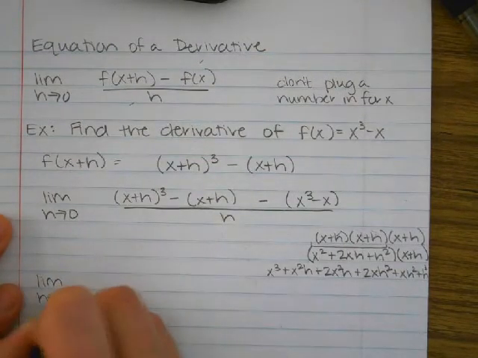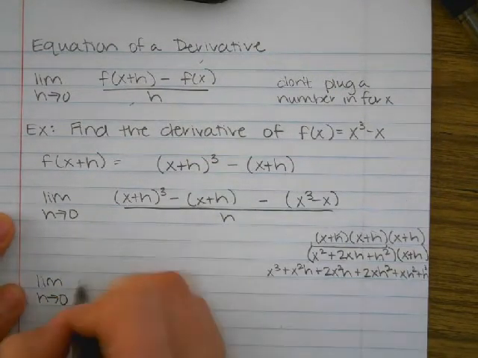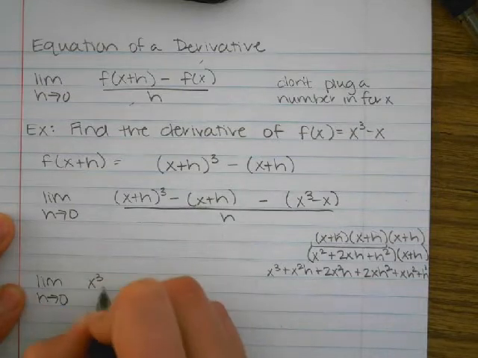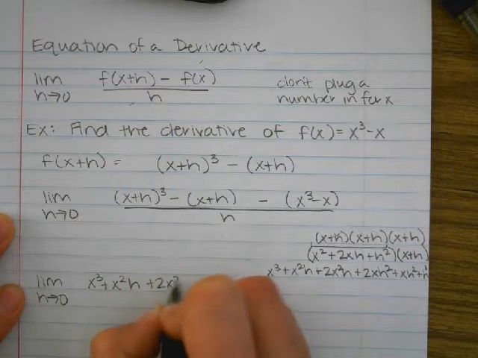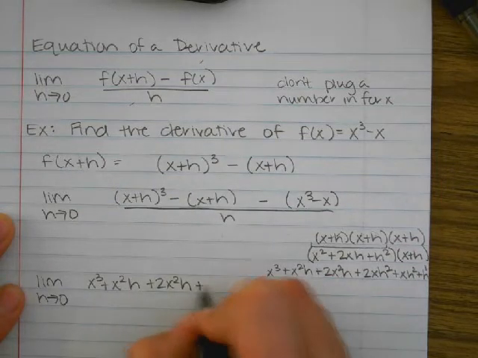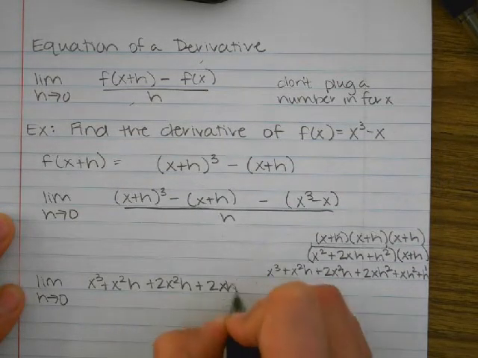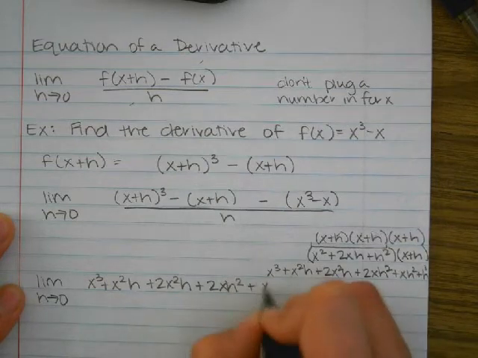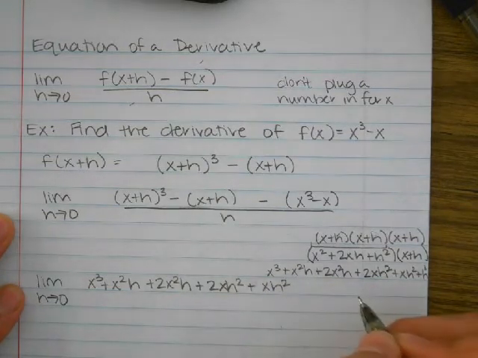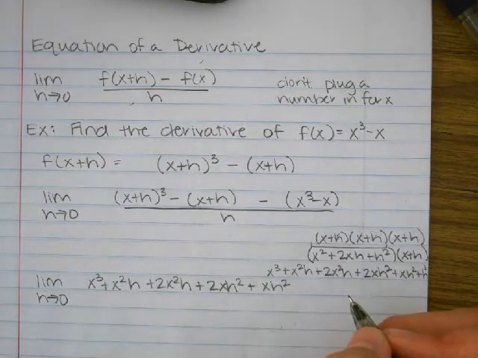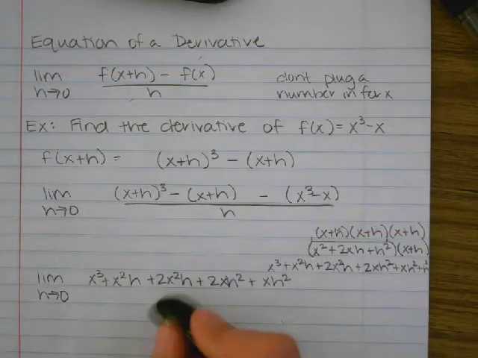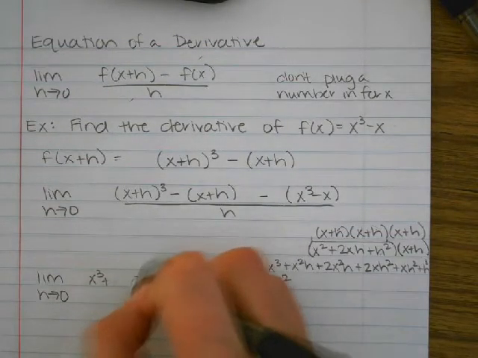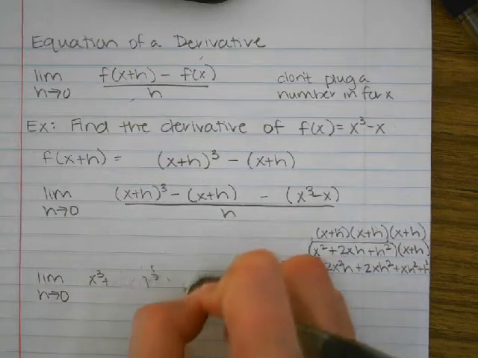The limit as h approaches 0, and I have x to the third plus x squared h plus 2x squared h plus 2xh squared plus xh squared. Oh, I can combine those, so 3. Oh, and I have 3 of those as well. Silly.